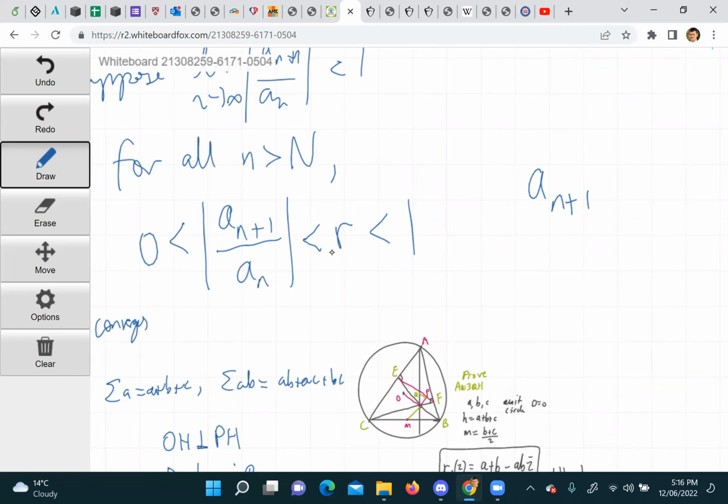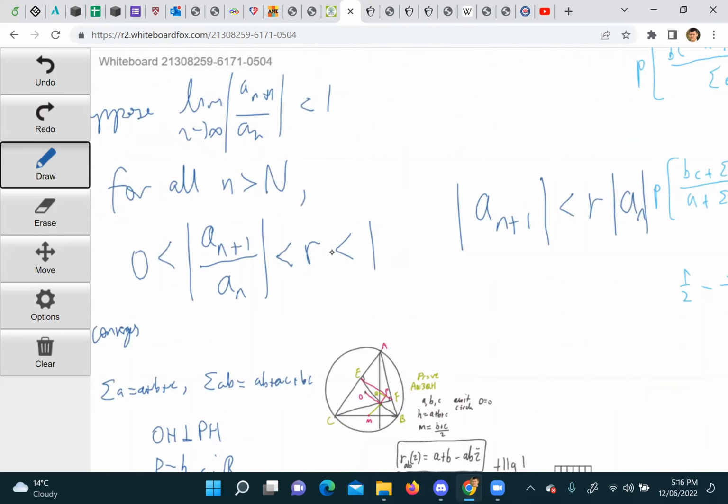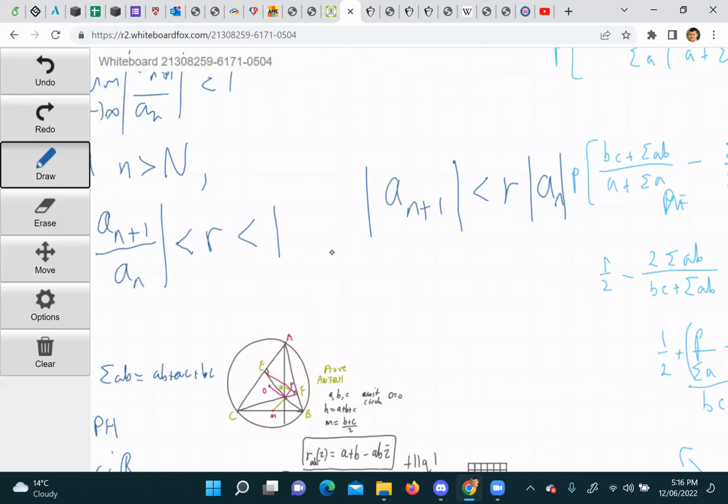So actually, a_{n+1} is less than r times a_n. So this series converges what's called absolutely.